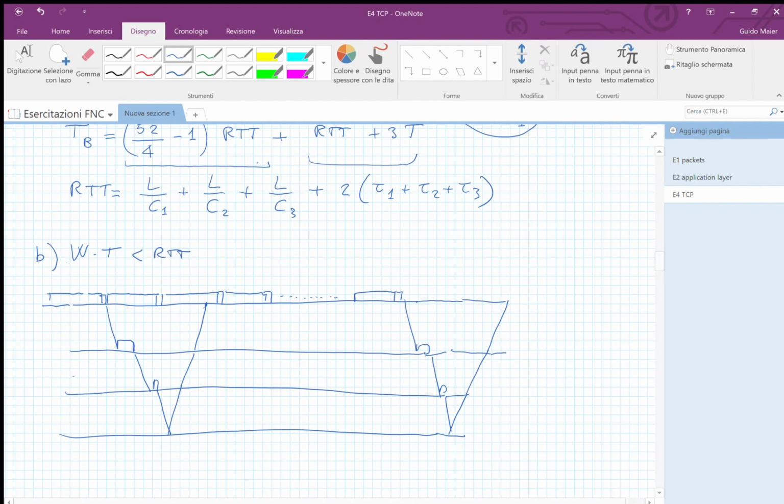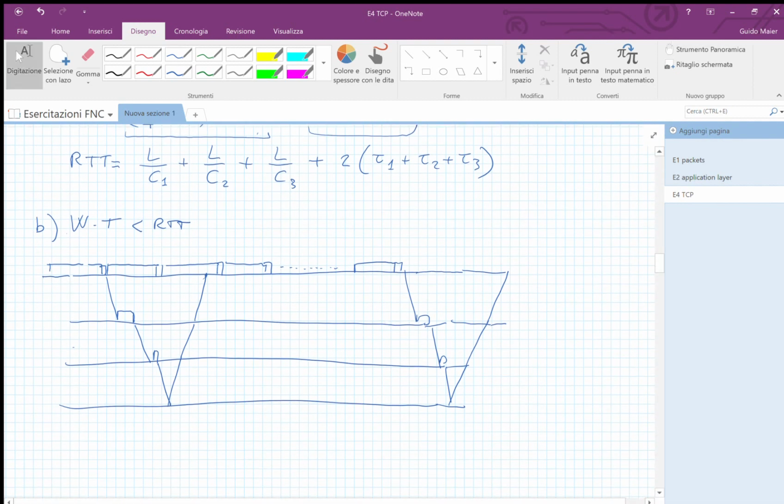So also in this case, we have to consider all the segments except the last one to calculate the total transfer time. And we know that this file generates 52 segments.